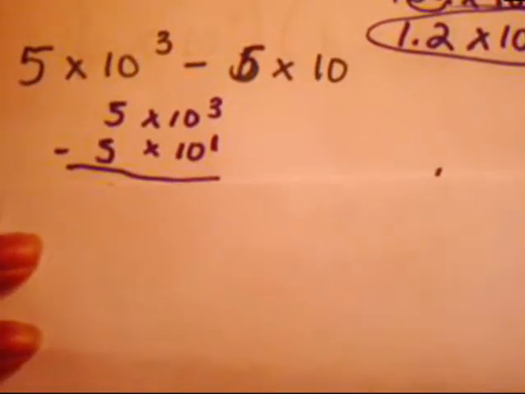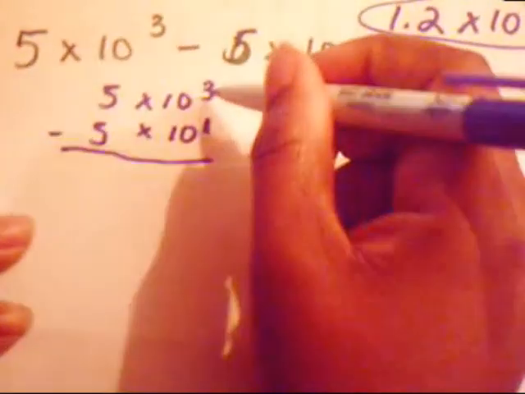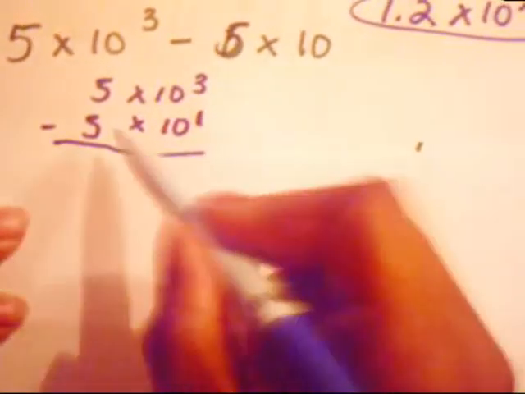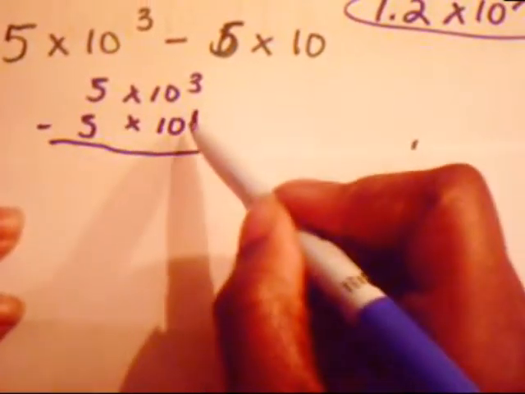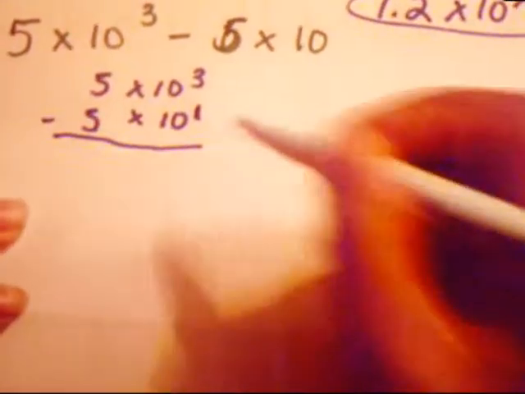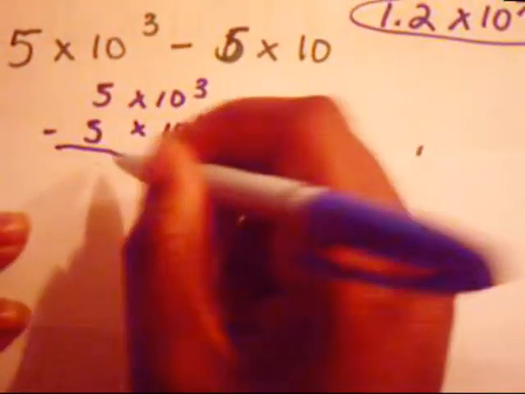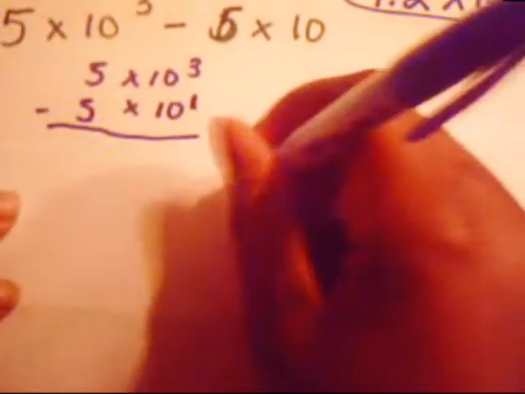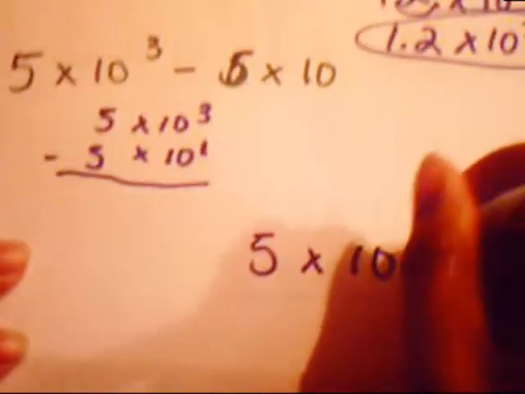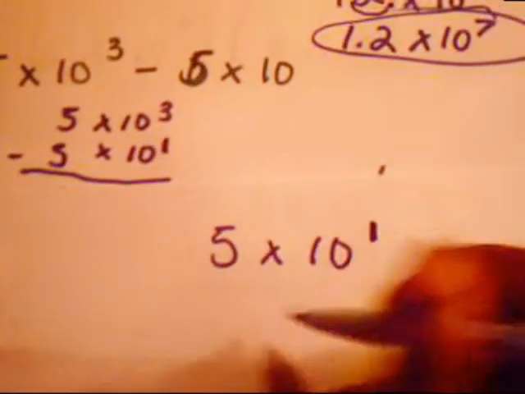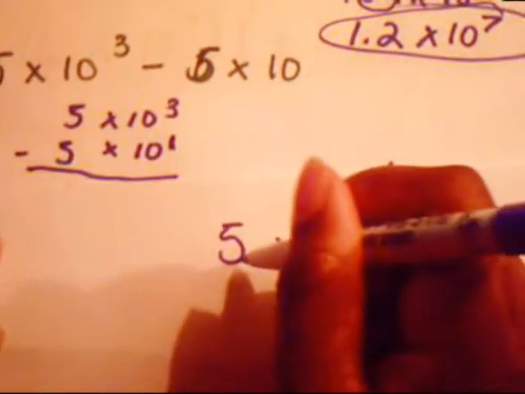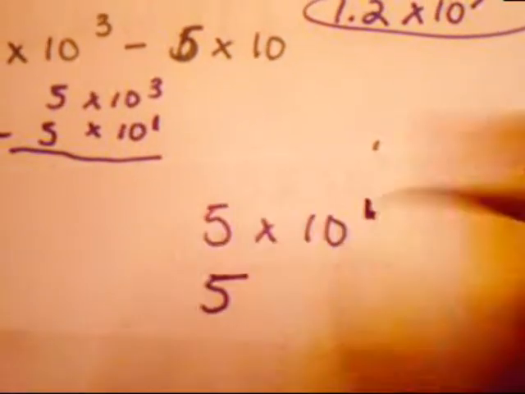So, guys, what you need to do when you don't have the same powers, you have to make your powers match. So, I either need to make 5 times 10 to the 3rd power smaller, or I can make 5 times 10 to the 1st power bigger. I'm going to choose to make this match this. So I'm going to take 5 times 10 to the 1st. And I know if I want to make my power bigger, then I have to make my base smaller. So how many do I need to make 3?